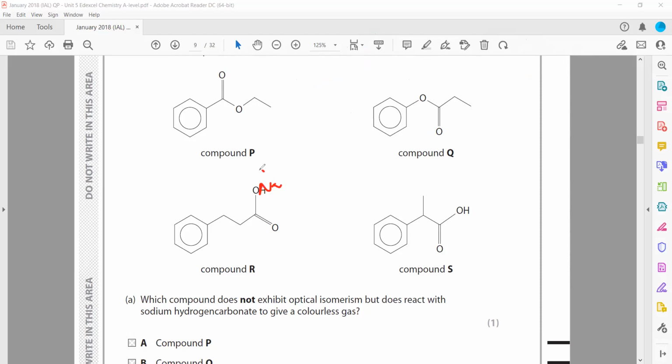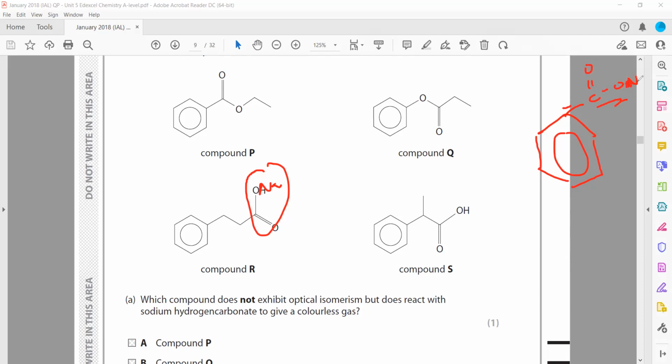But this is not forming sodium benzoate. Sodium benzoate means there should be a carboxylic group attached to the benzene ring, C double bonded with O and OH. That is benzoic acid.